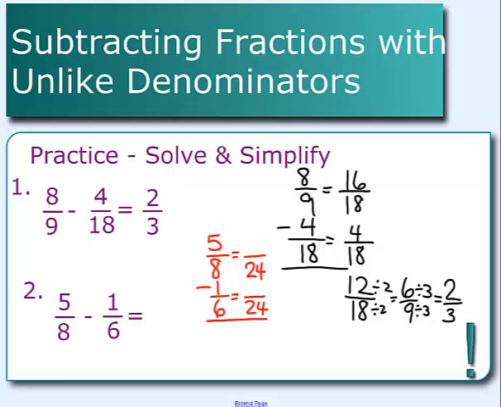So we know 8 times 3 is 24, 5 times 3 is 15, 6 times 4 is 24, so 1 times 4 is 4, and we can subtract 15 minus 4 is 11/24. I know that's in simplest form because 11 is prime, and 11 will not go into 24 evenly. Let's check our answer. It is 11/24.